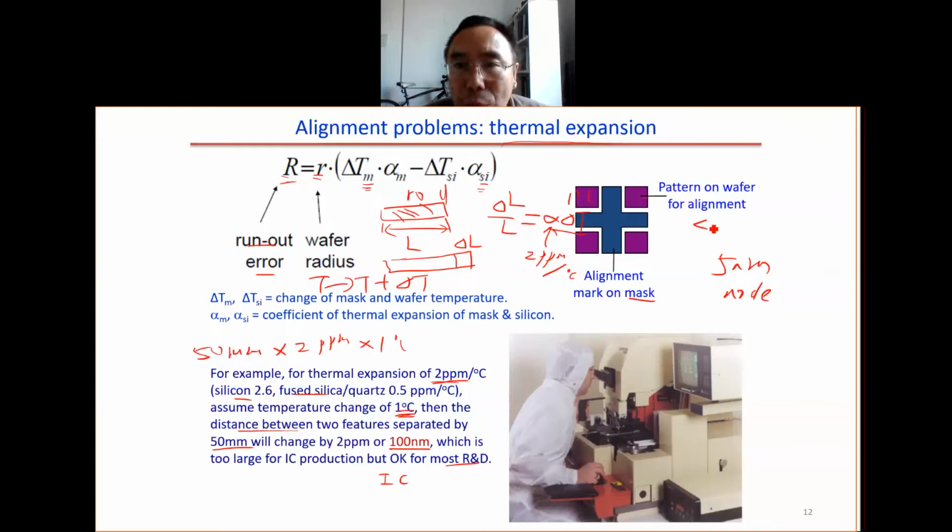I think it should be better than 0.1 degree. If we have 0.1 degree, this 100 nanometers becomes 10 nanometers. Then we have 4 times reduction, right? So there is a 4 times reduction in length, and after the reduction this becomes 2.5 nanometers. So if the temperature stability is much better than 0.1 degree, it should work.